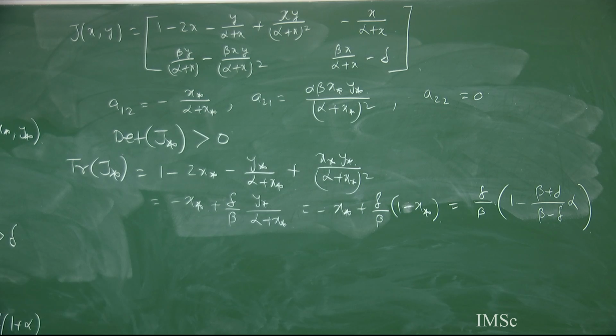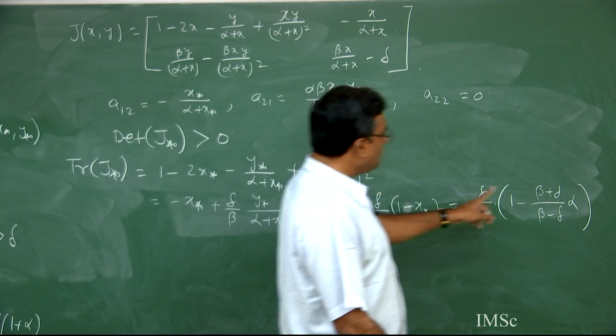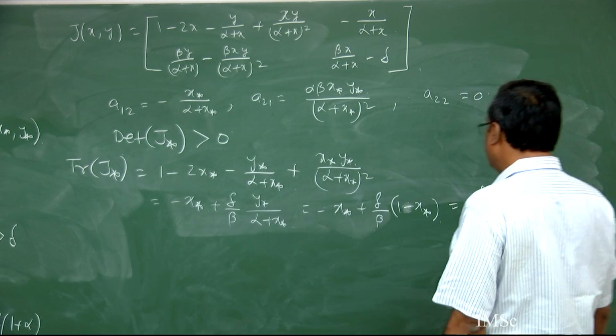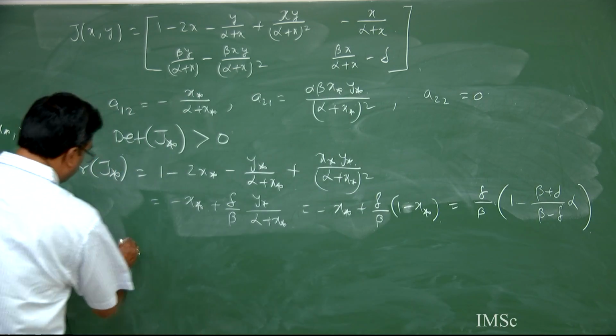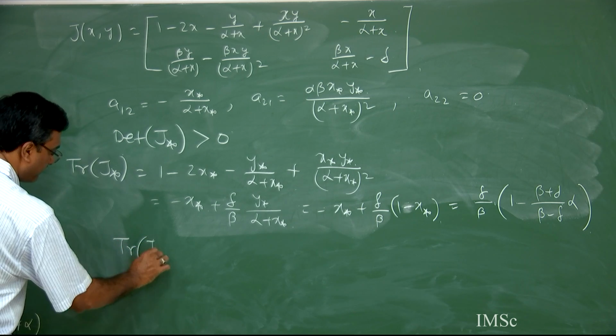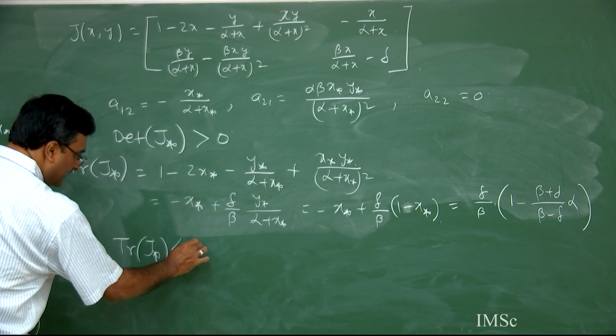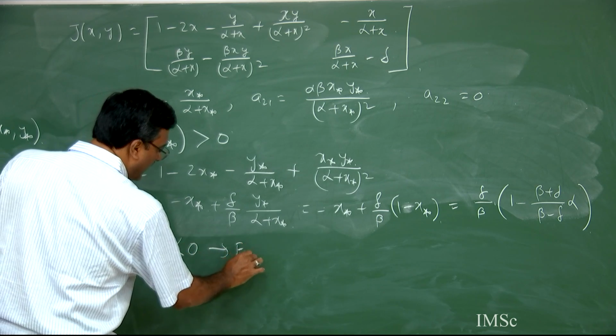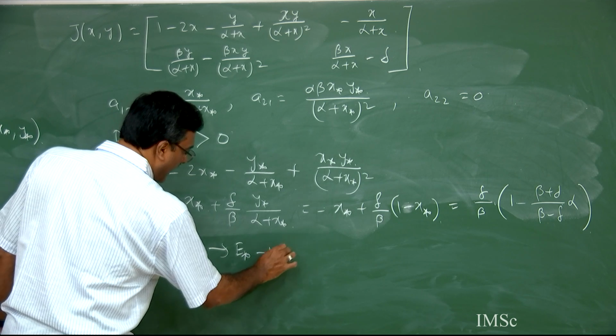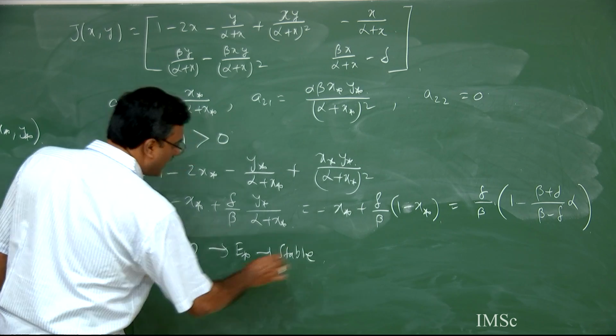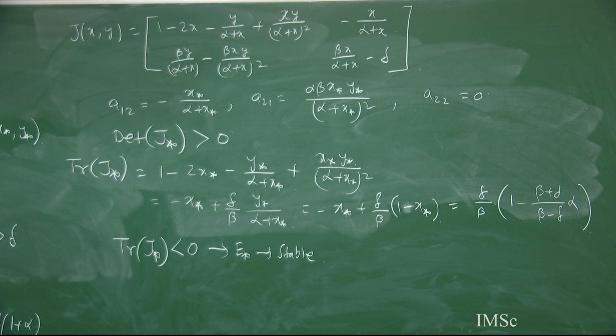Now from here, once you have this particular expression, then you can demand that if trace of J star less than 0, then you will be having E star as stable equilibrium point, otherwise it is unstable.